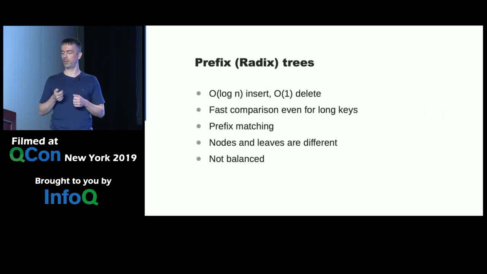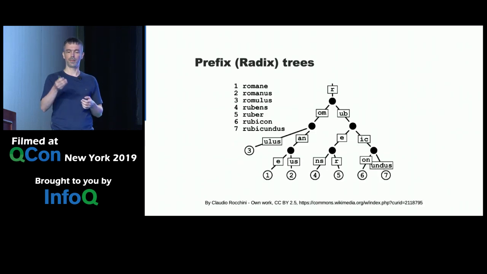It's also easy to do prefix matching, because all of the keys with the same prefix will be elements of the same subtree. We will find them under the same node.